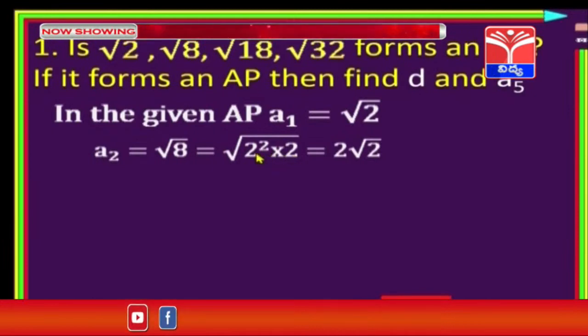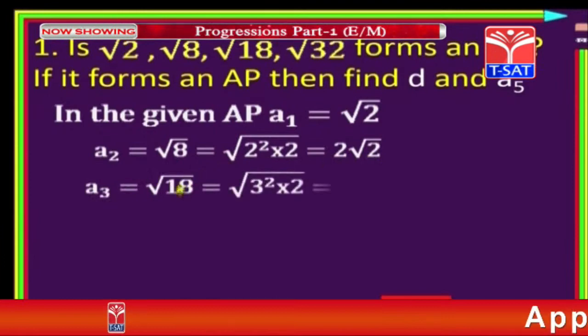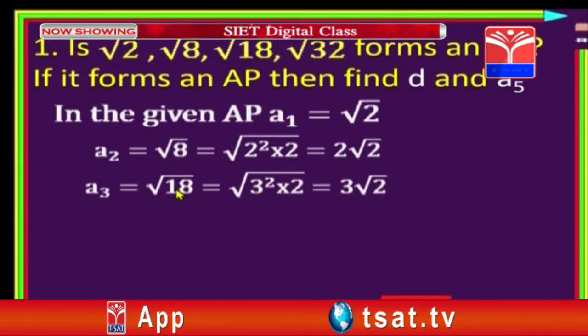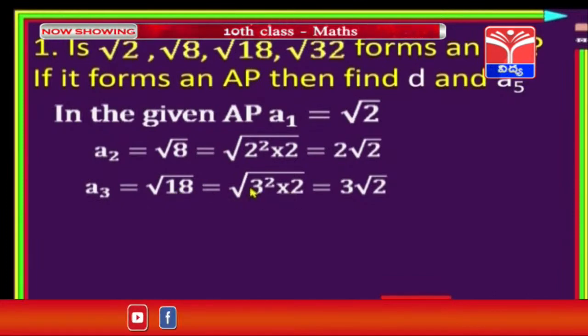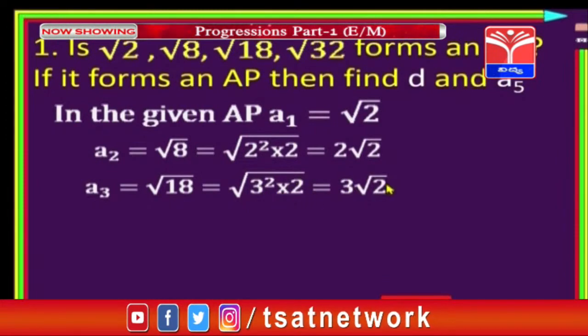What is the square root of 2 square? That is 2, and into root 2. So the value of root 8 is 2 root 2. Next, what is the value of root 18? Root 18 can be written as root of 9 into 2. 9 is 3 square, so the square root of 3 square is 3, into root 2.